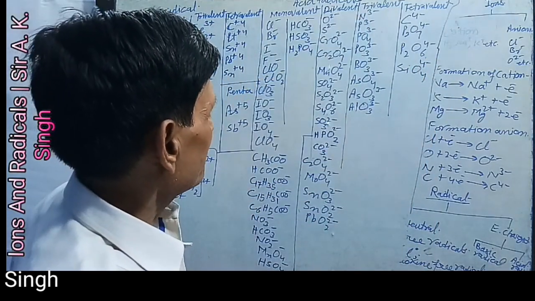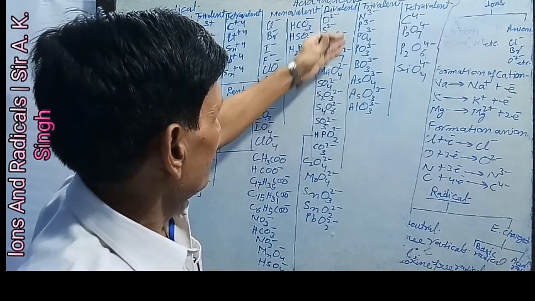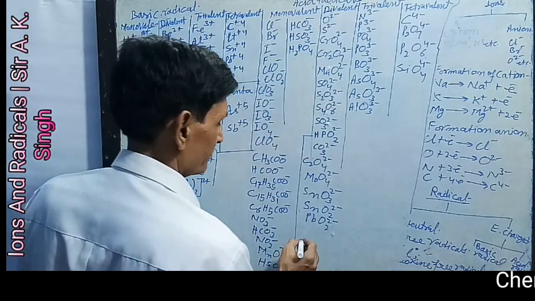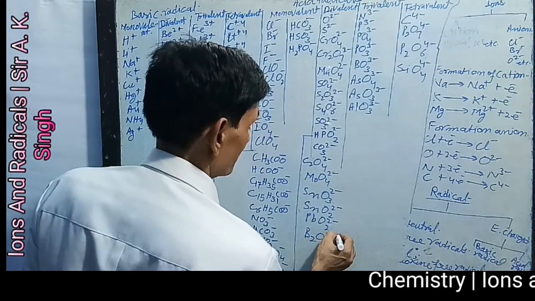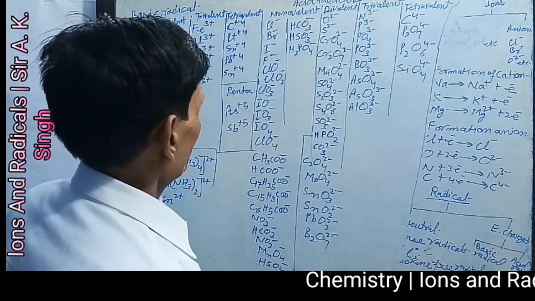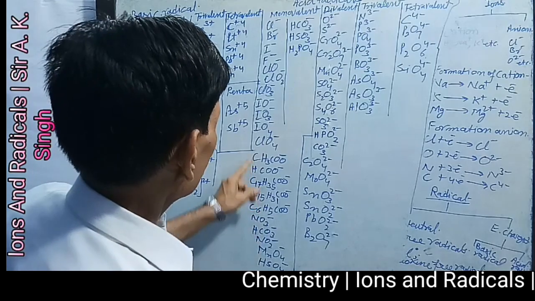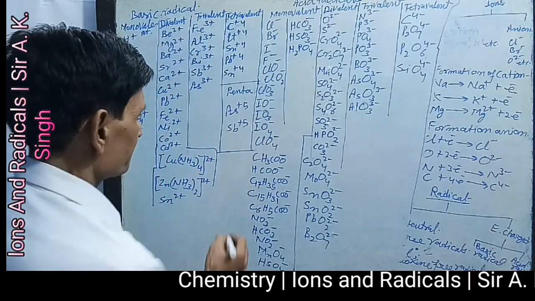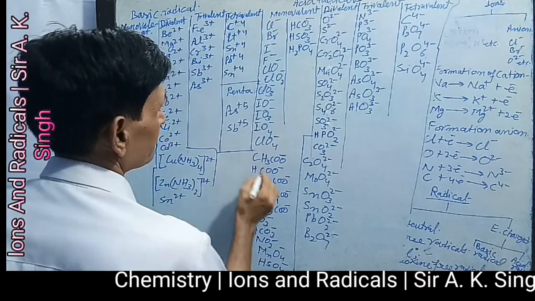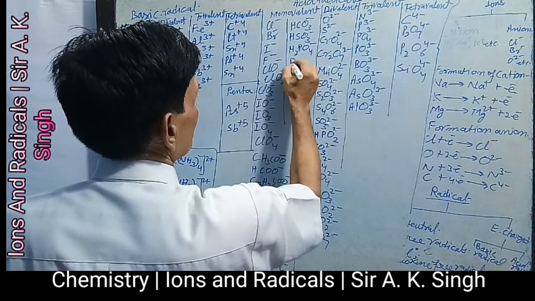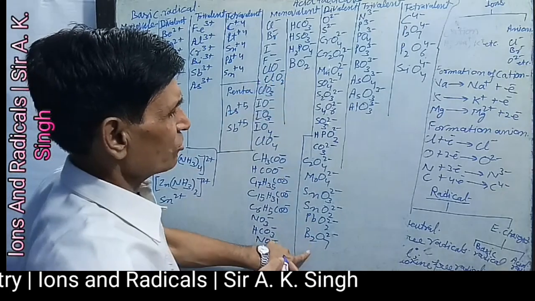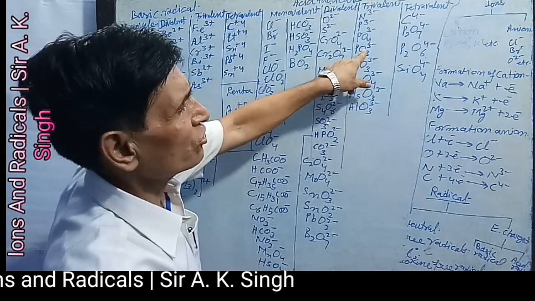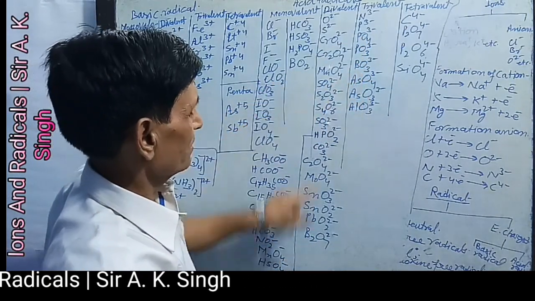Tetravalent, trivalent, see, pyroborate, metaborate. If you are writing metaborate, this is called metaborate, this is called pyroborate, this is called borate.